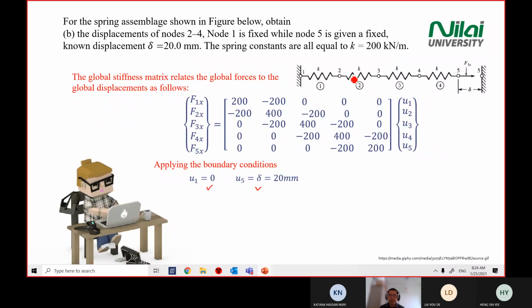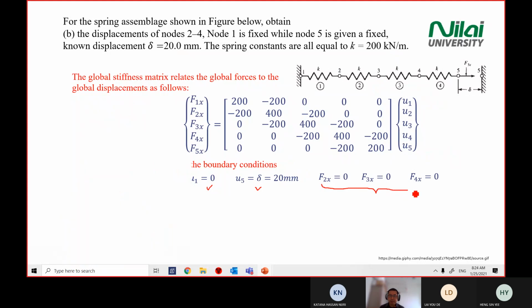If there is no resistant force at points 2, 3, 4 that stops them from moving, meaning 2, 3, 4 are free to move, then the force at point number 2 will be 0. The force at point number 3 will be 0. The force at point number 4 is 0. So this is a hidden message.